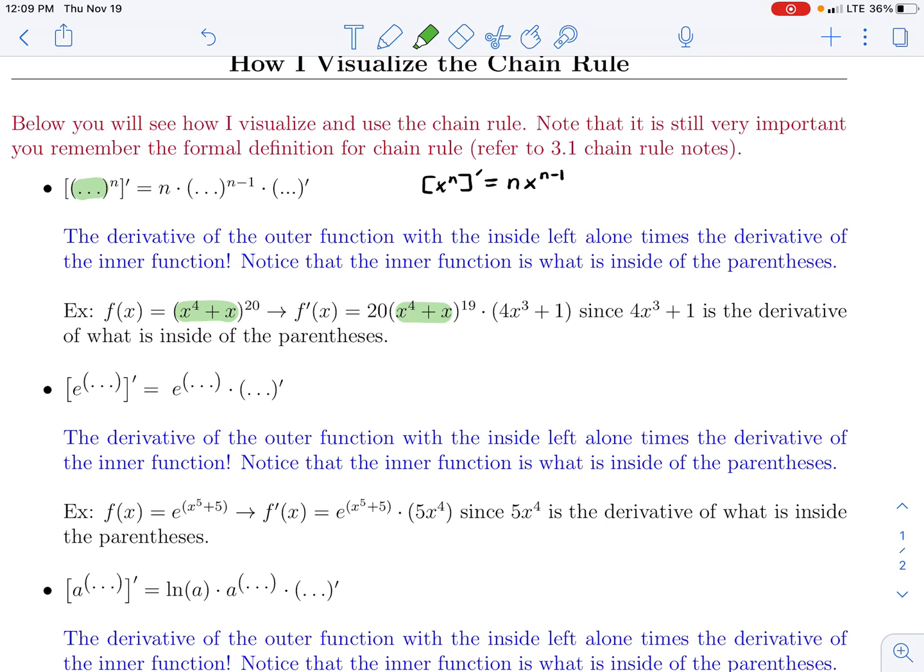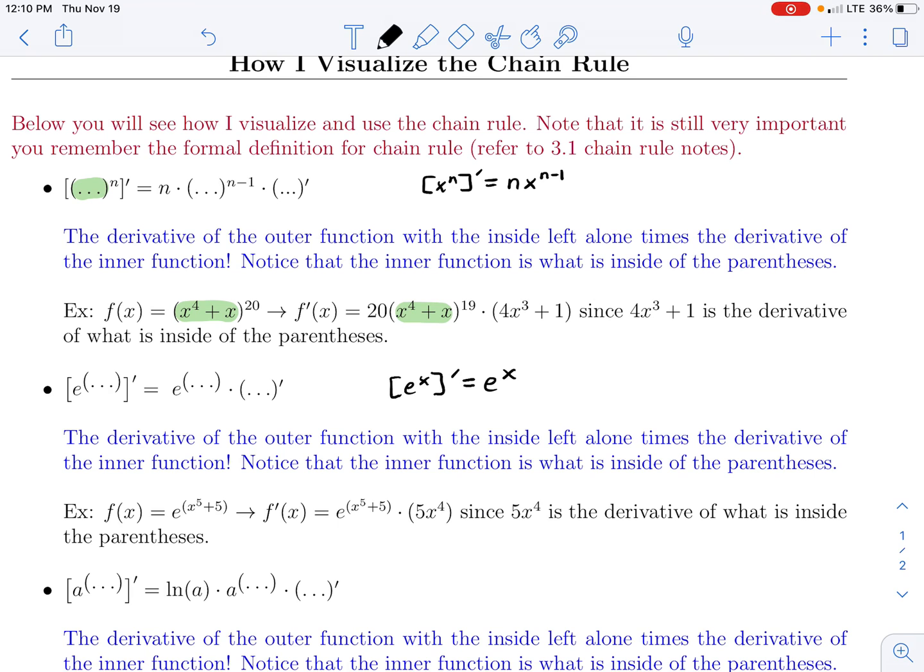Okay, and so looking at this too, I can do this not just with parentheses to a power, or a function to a power. I can do this also with other functions as well, like e to the parentheses, or e to a function. We had a rule generally, right, like the derivative of e to the x is just e to the x. But what's the difference with e to the parentheses versus e to the x?